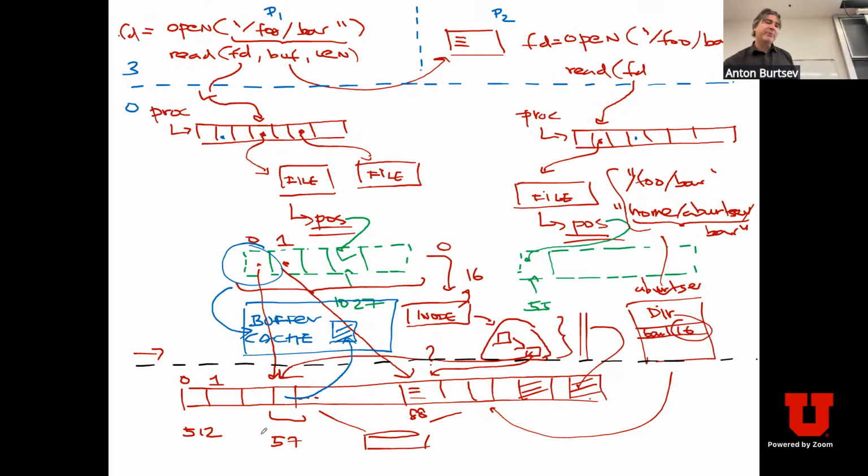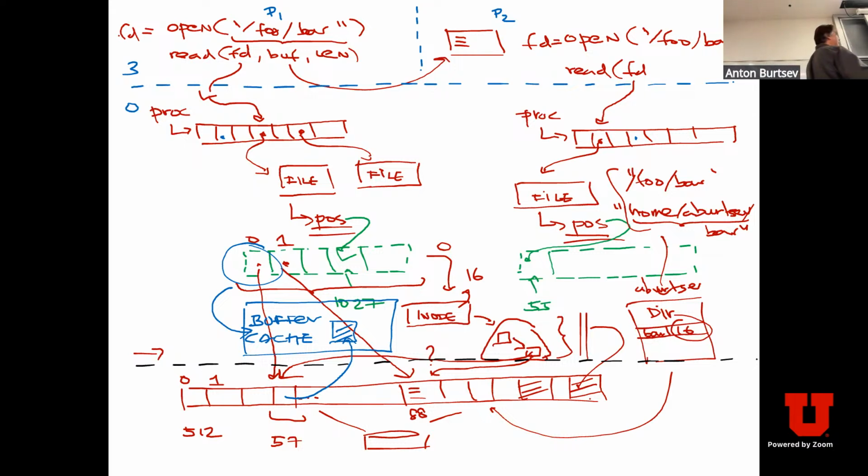So the buffer cache sits in memory, and it just periodically fetches blocks from disk. When I say periodically, in xv6, when it's read for the first time in a real operating system, there might be some prefetching policy that tries to guess what the next block will be and read it ahead of time, right?